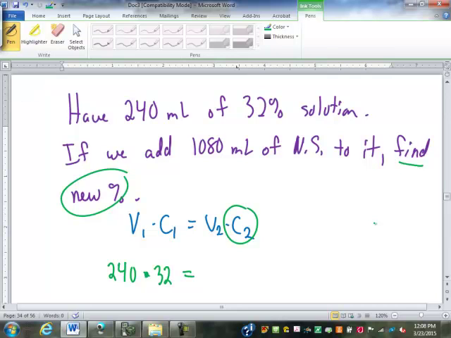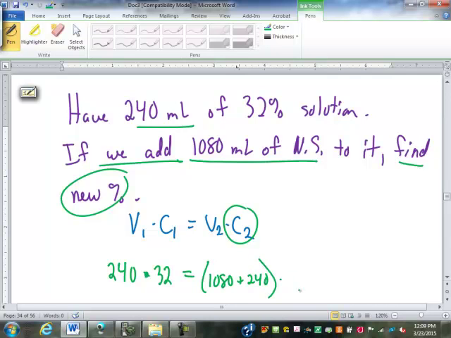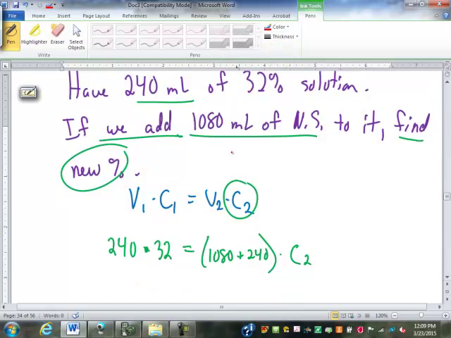which means we must know the V2 from somewhere. If we look at it, we've got the 1,080 milliliters of sterile water or neutral solution, but that's not the total volume. That is being added to the 240 milliliters. So this is going to be 1,080 plus the 240. This is going to be the volume times C2.